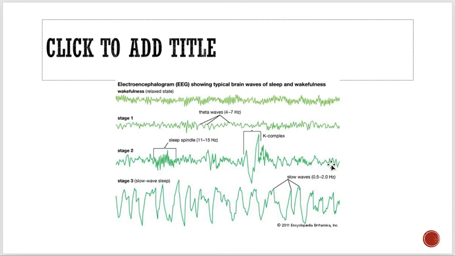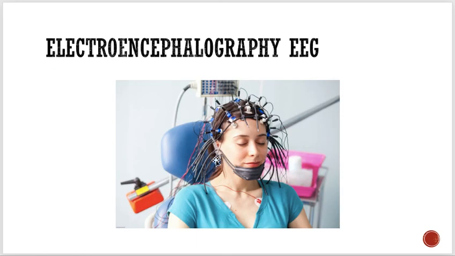For example, in epilepsy there is a spike and wave pattern. In different conditions these waveforms are different, so that's the important thing we can do. Simply, this is electroencephalography.